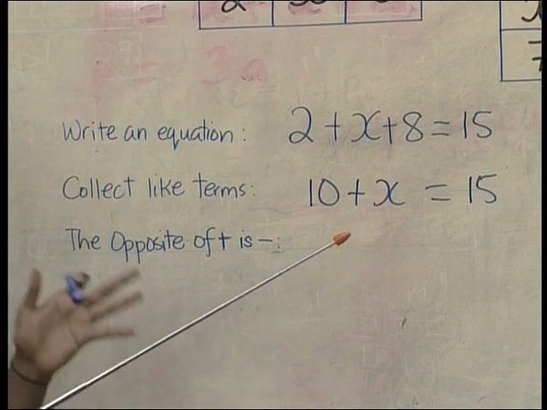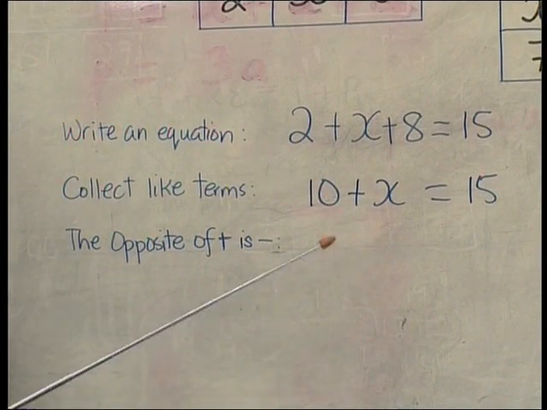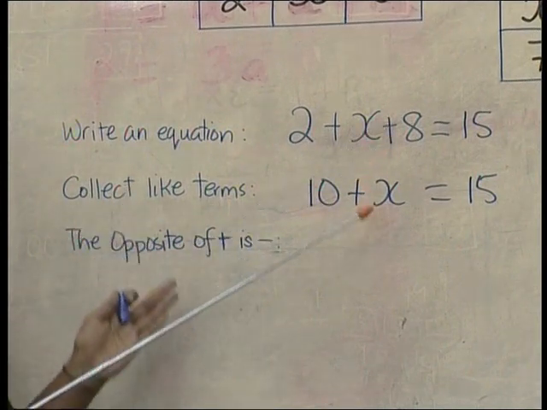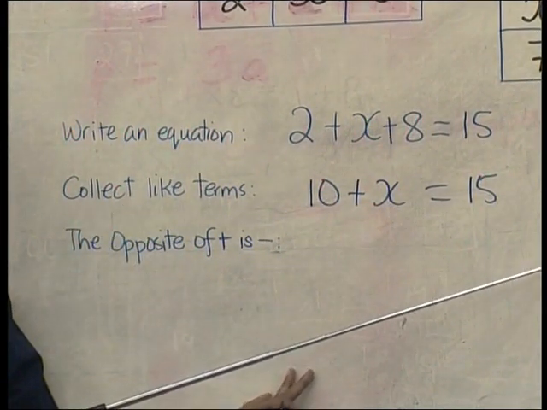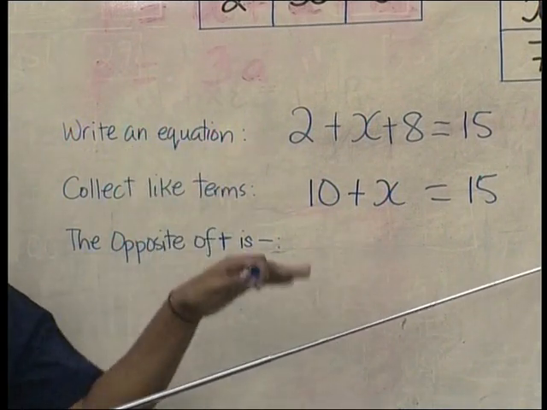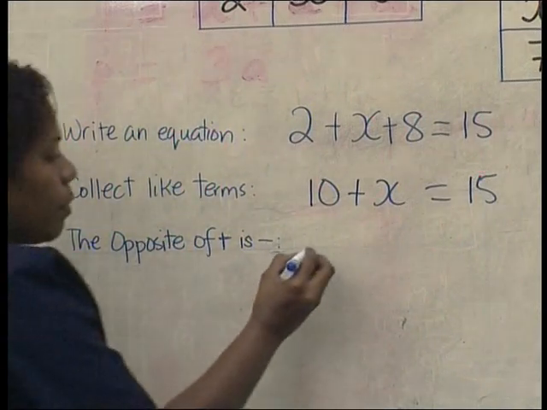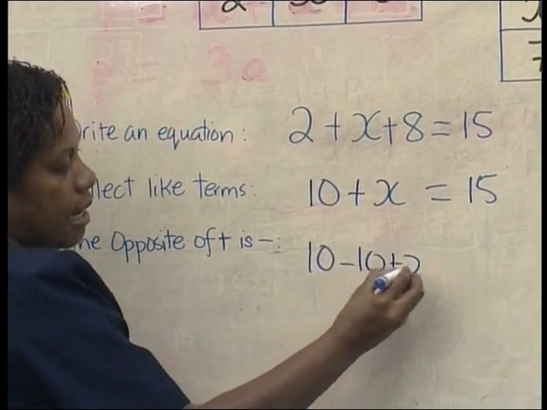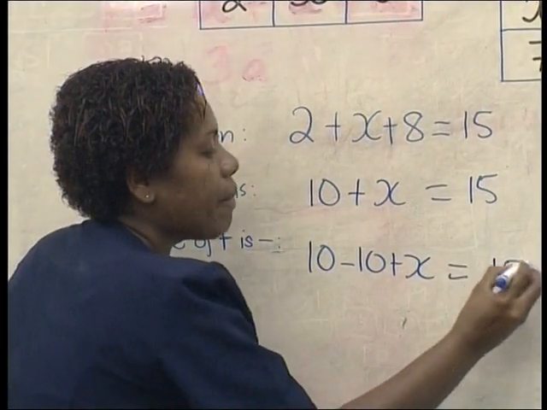To find the value of X, we're going to get rid of 10. So how do we get rid of 10? All right, we subtract 10. 10 take away 10 on this side, and we also subtract 10 on the other side. So on both sides. 10 minus 10 plus X is equal to 15 minus 10.